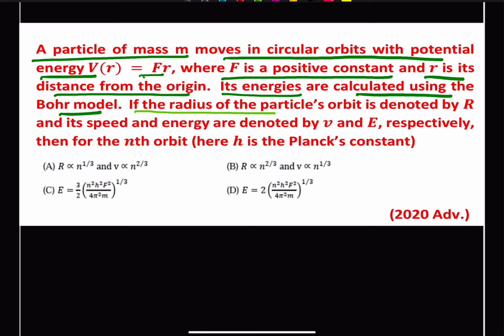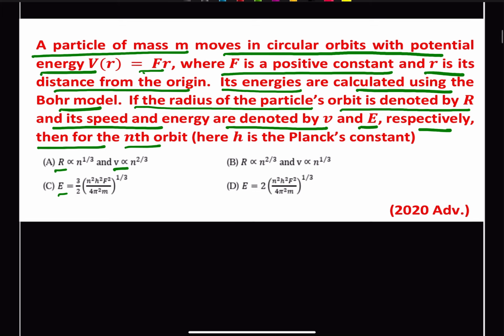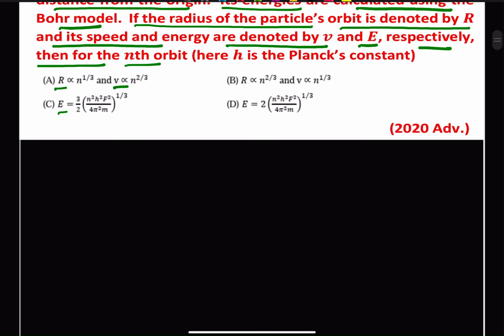If the radius of the particle orbit is denoted by capital R and its speed and energy are denoted by v and E respectively, then for nth orbit we would find out these various options with respect to the radius, velocity and energy. Okay, so B and D are also somewhat same.